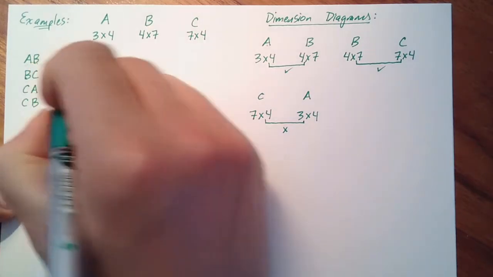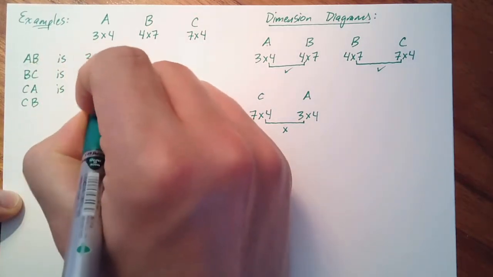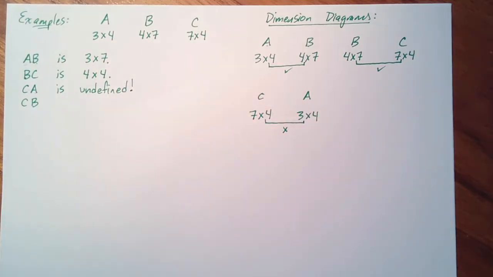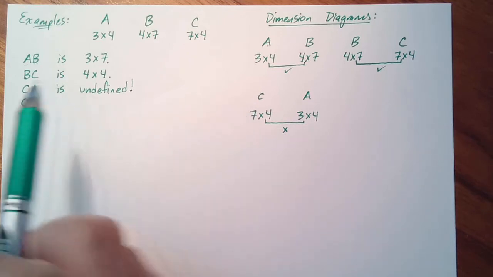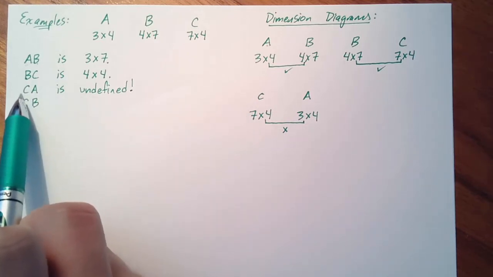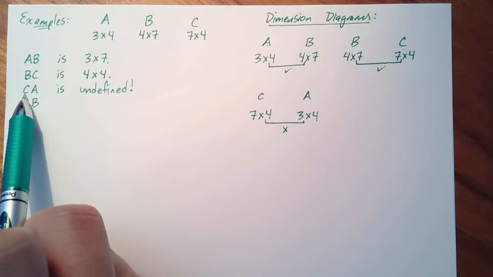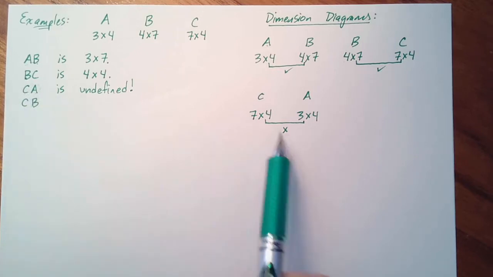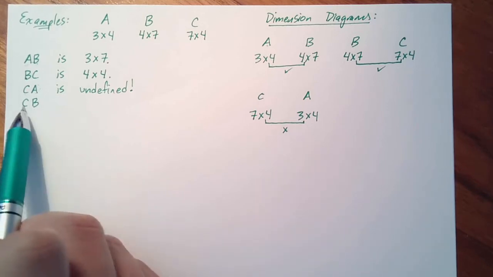The CA is undefined. The definition of multiplication does not make sense in this setting because we need the number of columns of the factor on your left to be equal to the number of rows of the factor on your right, which didn't match up in this case, so it doesn't work. What about C times B?